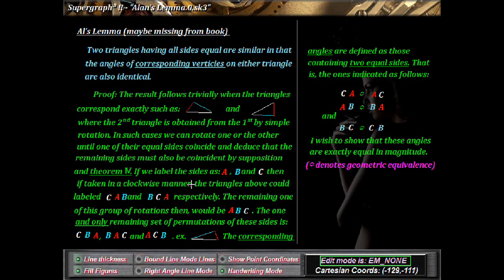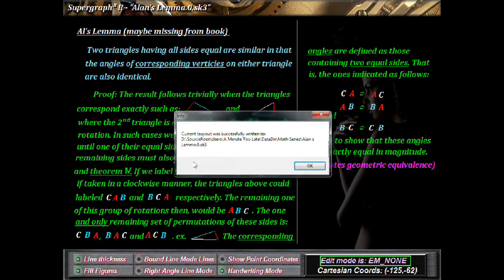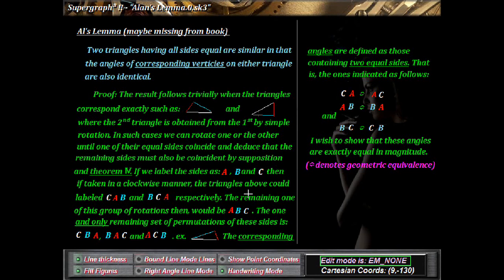Now, as far as the rotations go, like the example I just showed you, if we take the ABC letters in a clockwise way, we could describe these triangles, for instance, here as CAB if we wanted, right?